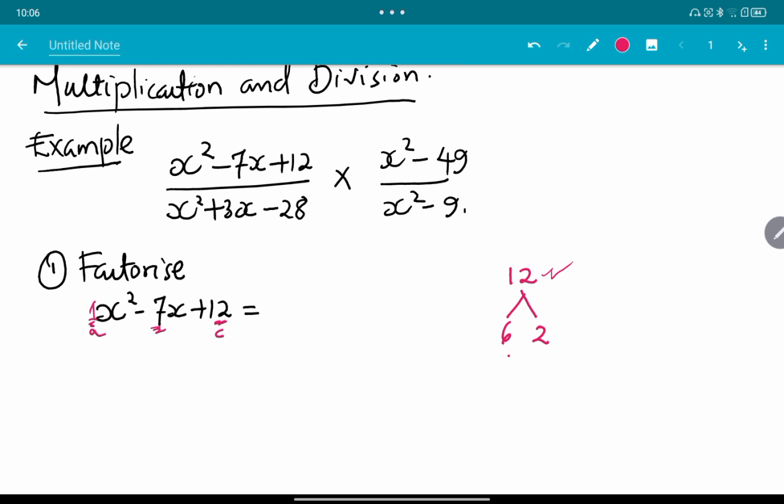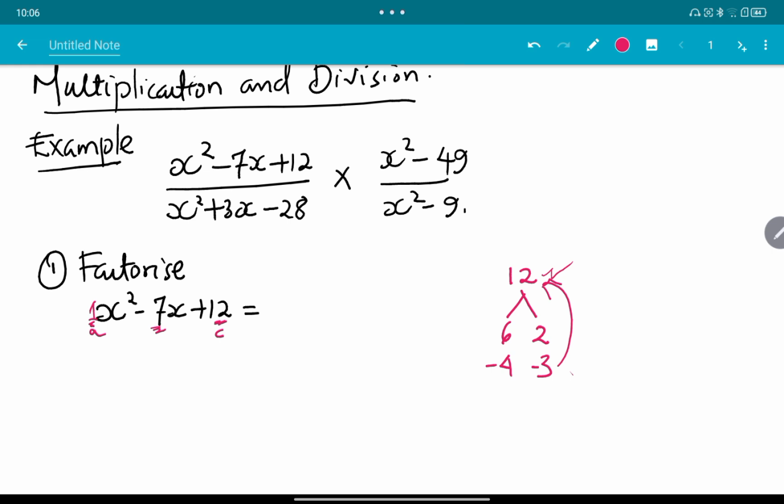So I'll go for the second pair of factors, which is 4 and 3. From the look of things, there's something I can do to 4 and 3 to give me negative 7. I make both of them negative, such that when I multiply negative 4 with negative 3, I get positive 12, and at the same time, the sum of them gives me negative 7.